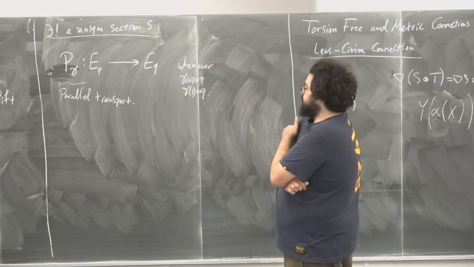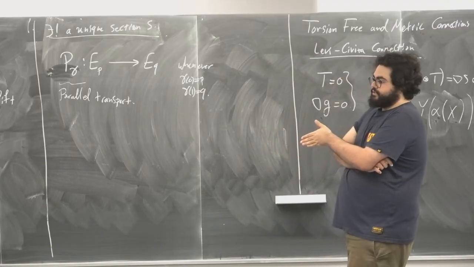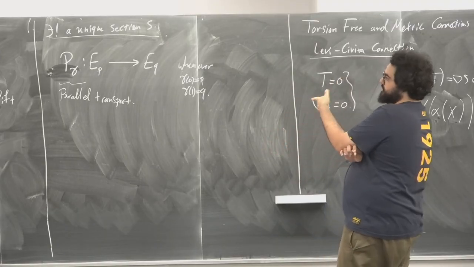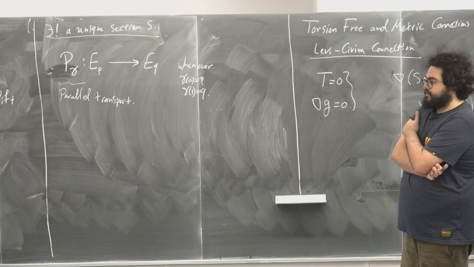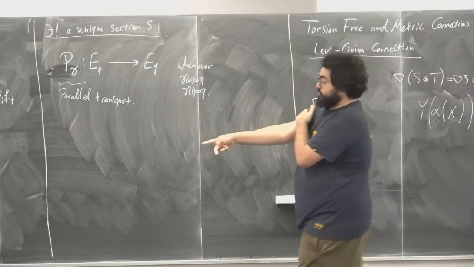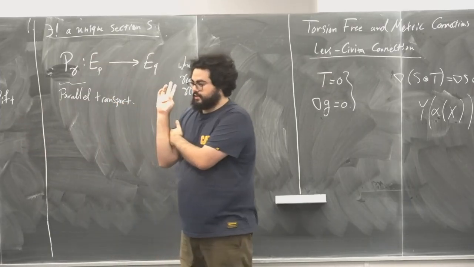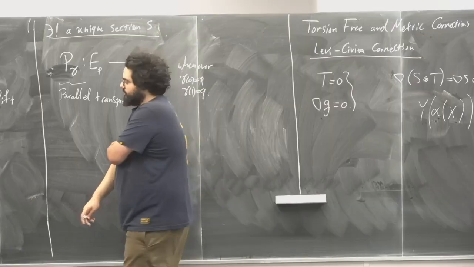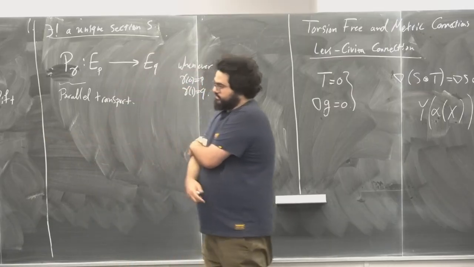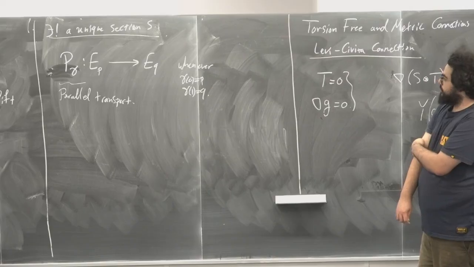Well, you need to specify some kind of condition on the section to get a unique transport, right? Oh, sure. So like the initial conditions, basically. Well, not just the condition, but you also have to give an equation to get a unique transport. So that's why you can require nabla s equals 0. Okay.